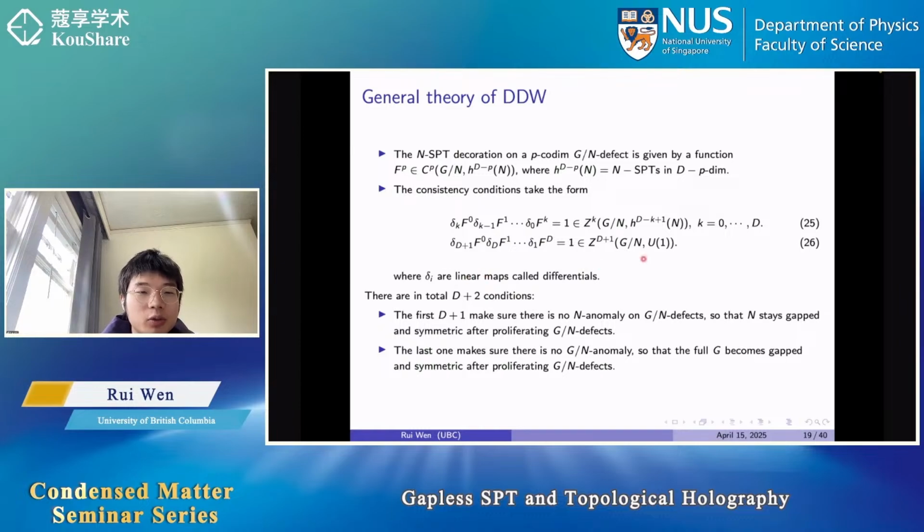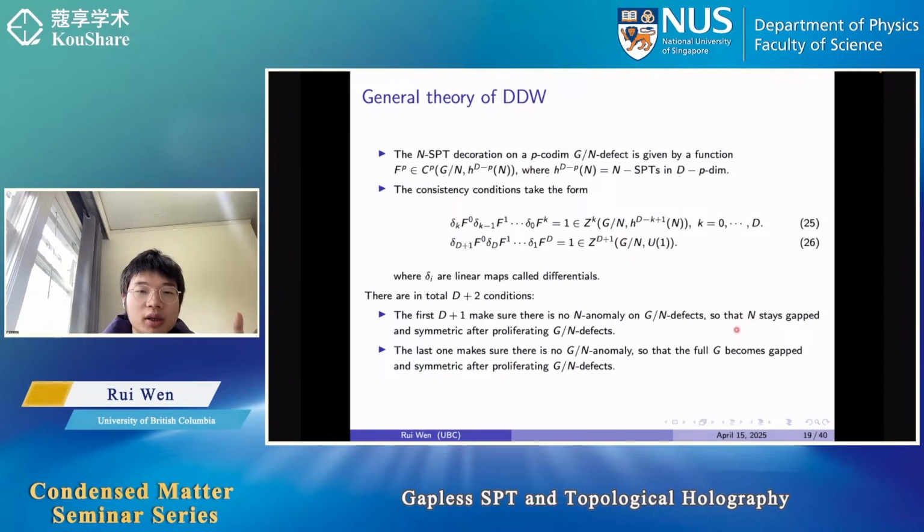So in total, there will be D minus 2 conditions, and they can be divided into two groups. The first D minus 1 make sure there's no N anomaly on G over N defects. Right, we don't want N anomaly, so that N will stay gapped and symmetric after proliferating the G over N defects.